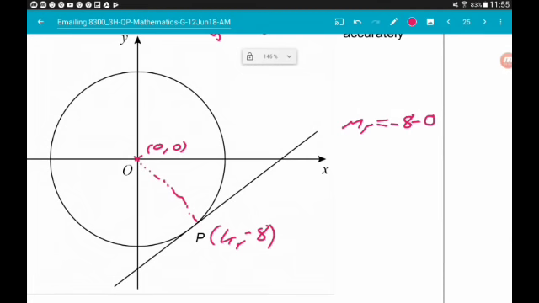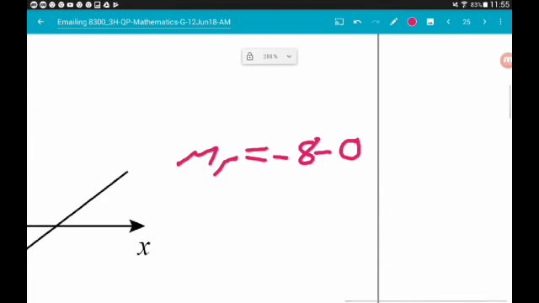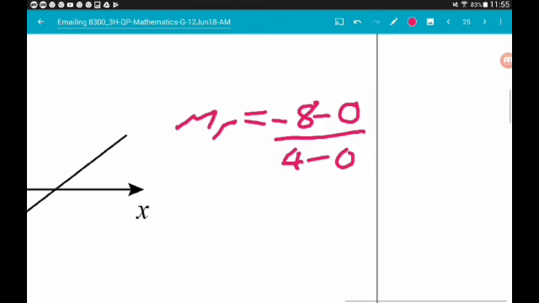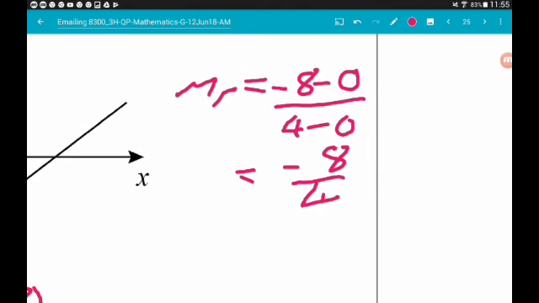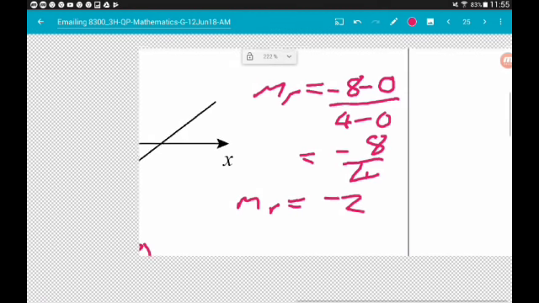Now because I've done minus 8 minus 0, I then have to do on the bottom 4 minus 0. Now this gives me minus 8 divided by 4. So the gradient of my radius is minus 2.